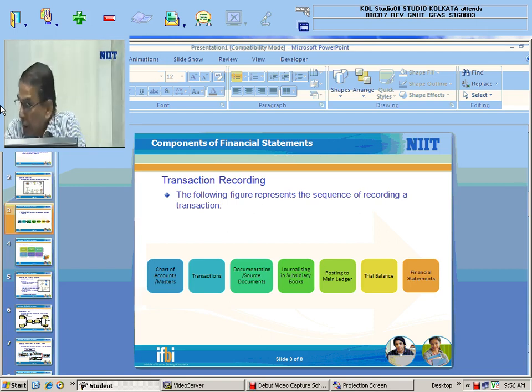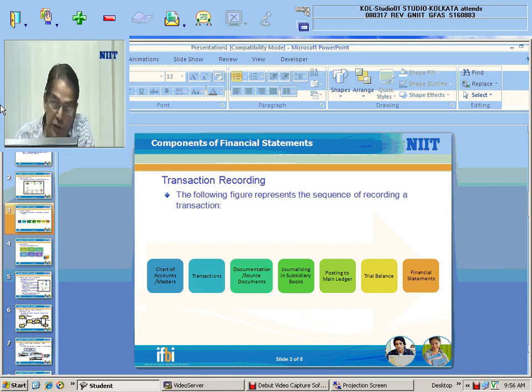Shivani and Divakar. Shivangi and Divakar. Okay. So can I move to the next slide, which is basically describing the source documents.